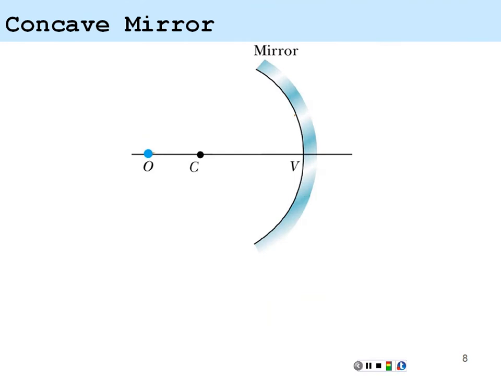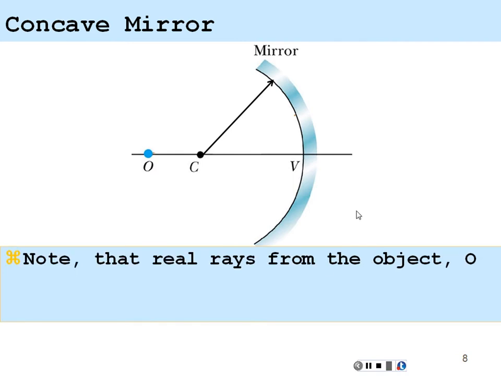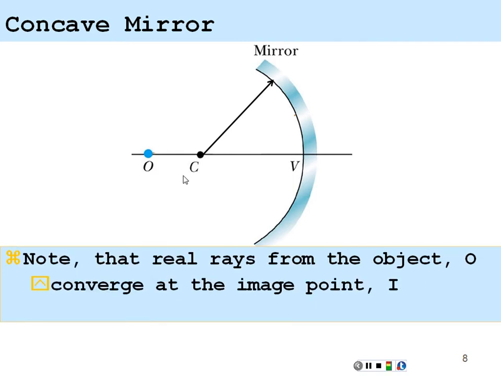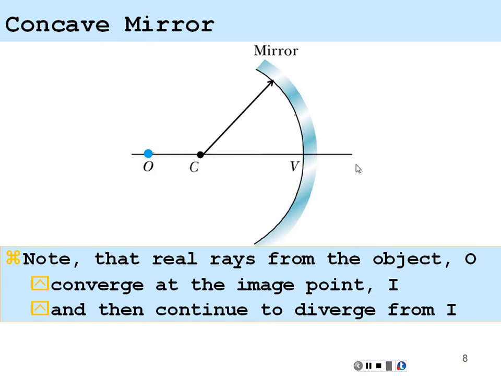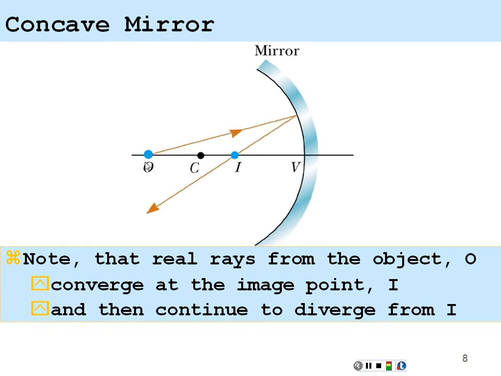Here's a concave mirror. Its mirrored surface is caving in. We have some center of curvature here, a radius of curvature. If you had an object, real rays from the object will converge at some point and then continue to diverge from that point. Let's say we had a ray coming in to this concave mirror, reflecting off the mirror.